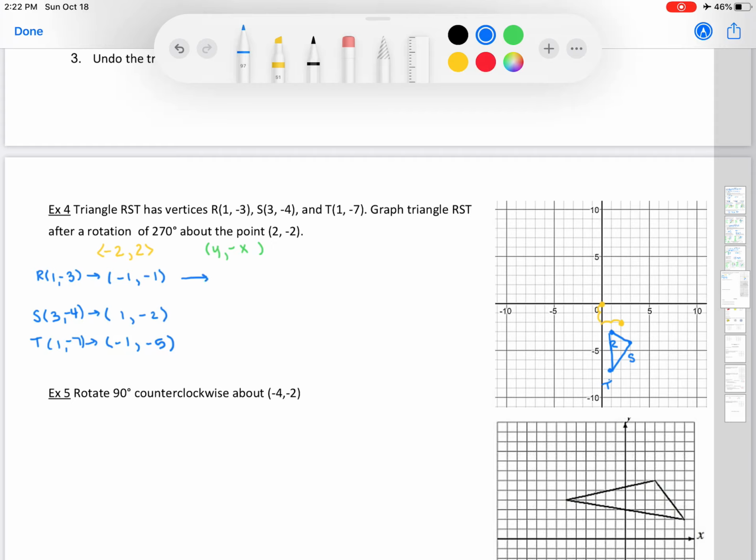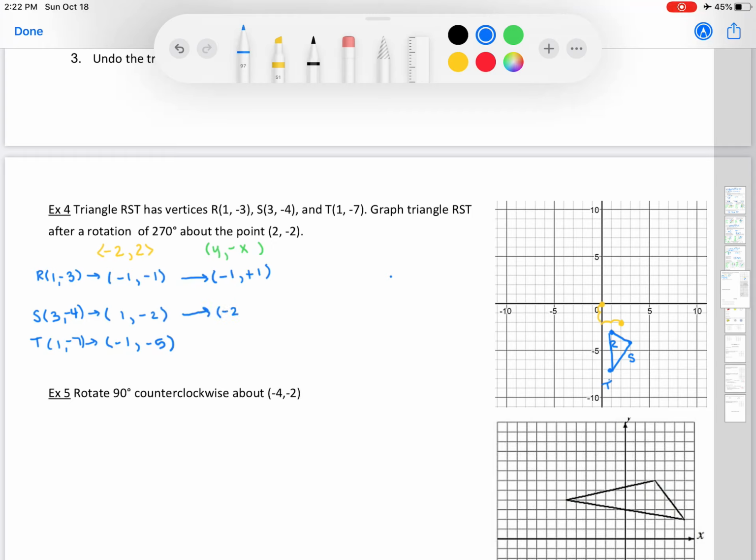So now we are using this rule for 270 degrees using these new points that we just used. So for R, when I moved it, I got negative 1, negative 1. And I'm going to apply that rule of 270 degrees. So my x and my y flip. And then that second coordinate is going to change signs.